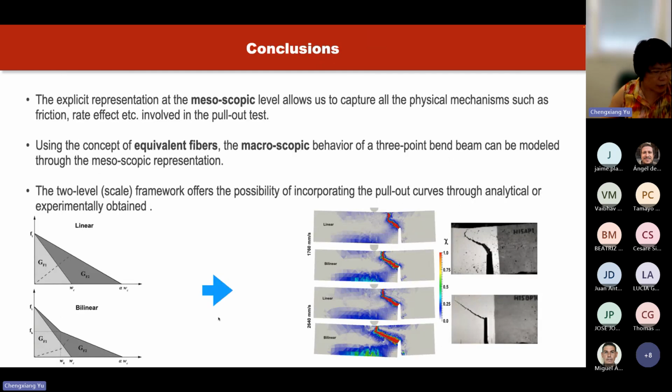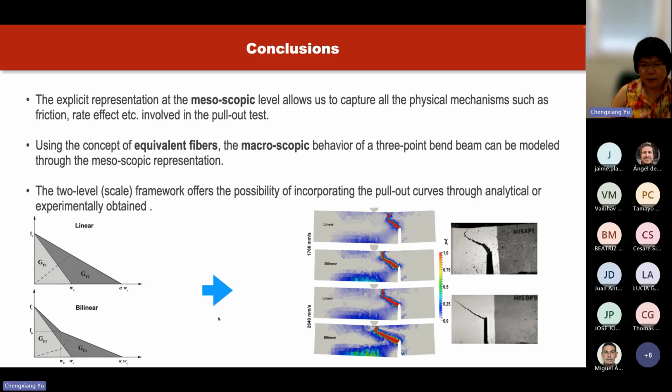Okay, so now I come to the conclusions. We have the explicit representation at the mesoscopic level, which allows us to capture all the physical phenomena involved in the pull-out test, such as friction and rate effect.